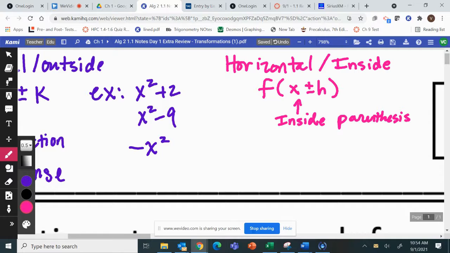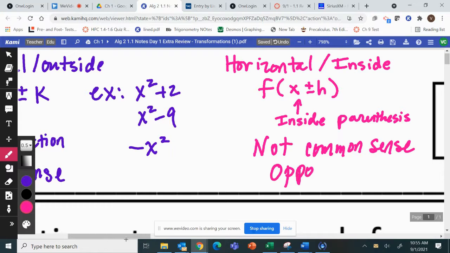Since that one's not vertical, this one's the not common sense. I'm going to write opposite. It's opposite of common sense.